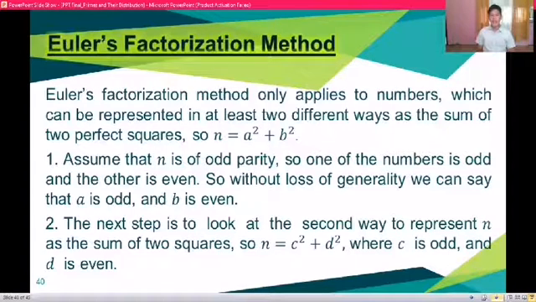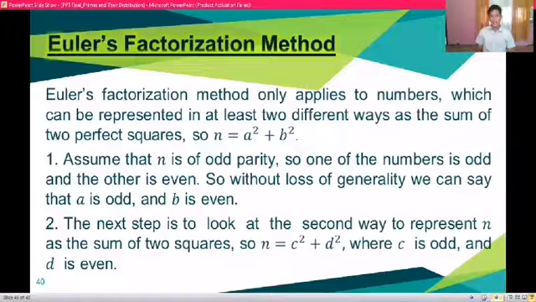If we check, 11 squared plus 10 squared is equal to 221. And 5 squared plus 14 squared is also equal to 221.